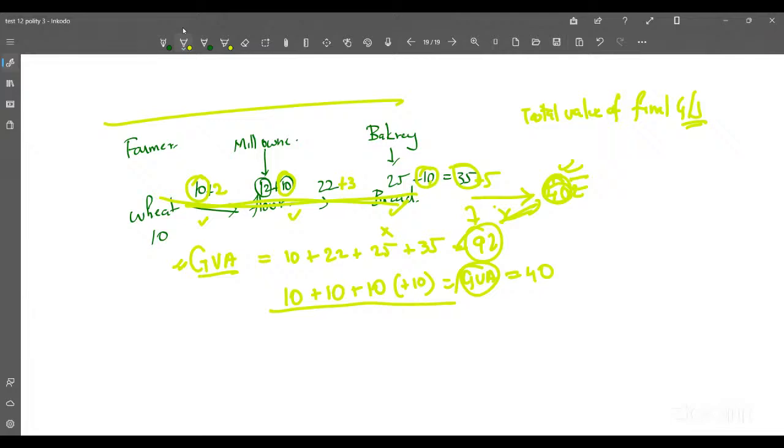But when it comes to the matter of GDP, you will only know how the final sector is performing. This is what the difference is. Are you getting the point why we are calculating GVA?